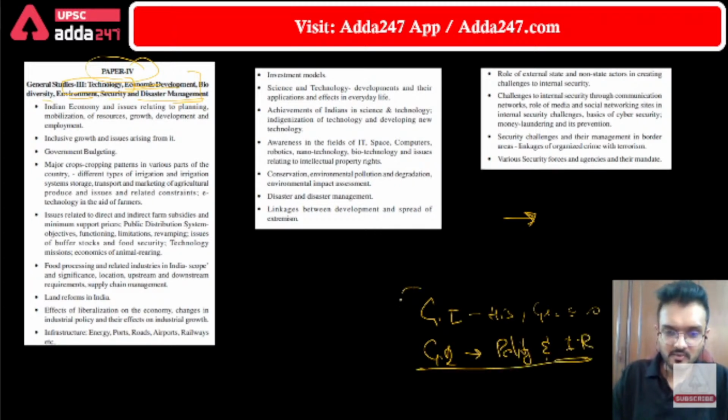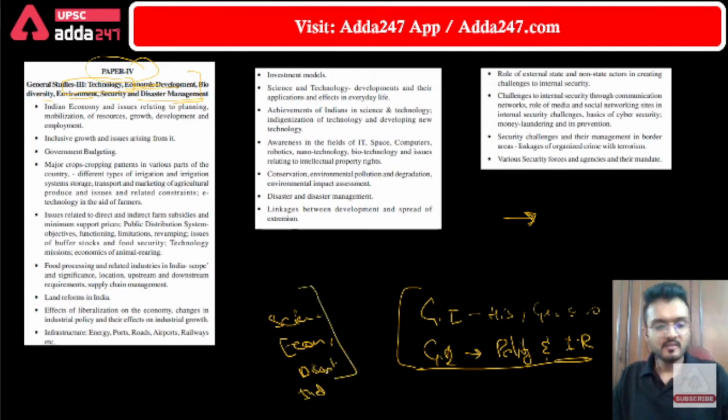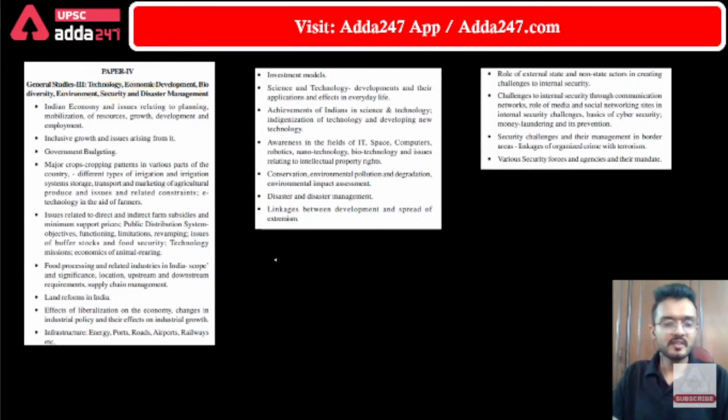The rest of the topics, like science and tech, economic development, disaster management, and internal security are left. All these subjects are included in paper 3, so it is a plethora of subjects. We will discuss each subject one by one.